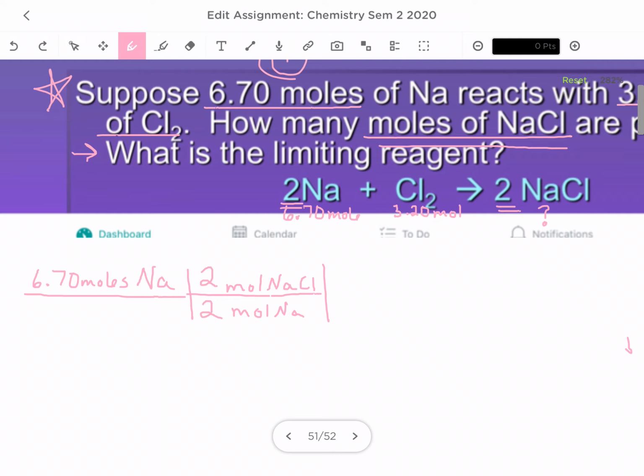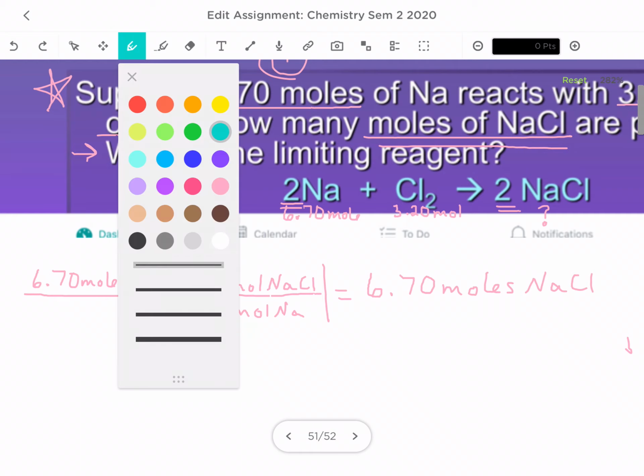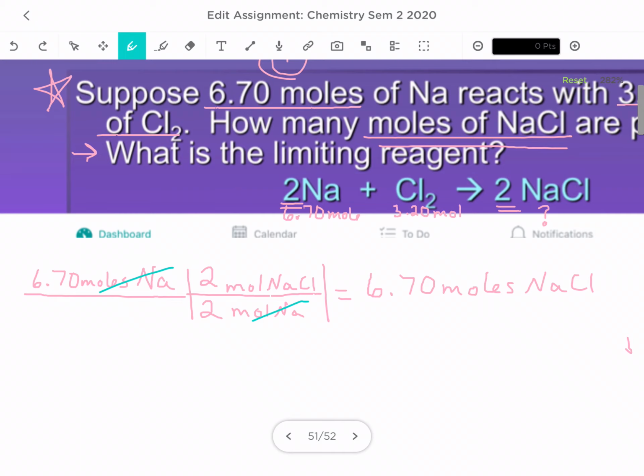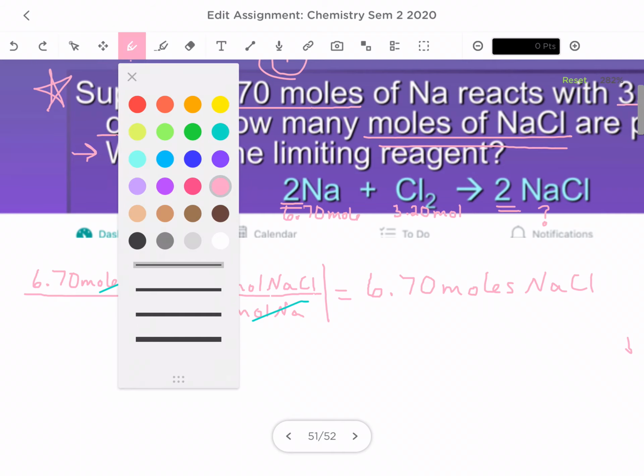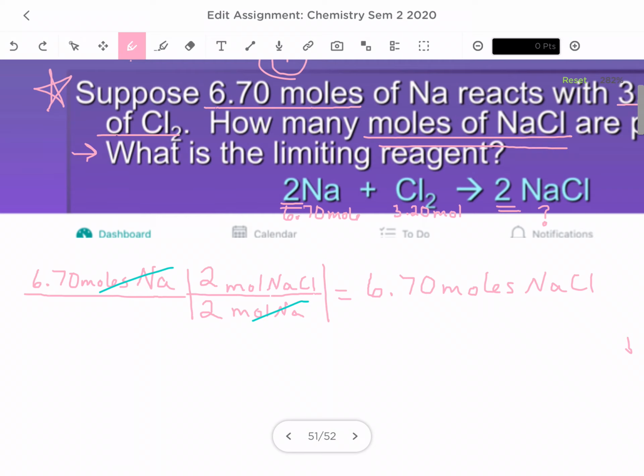I'm in moles, so I can be done. 6.70 times 2 divided by 2. If you're fast at math, you already know this answer is 6.70 moles of NaCl. The units that canceled out leave us with moles of NaCl, which is our double underline, so we're good to go there.